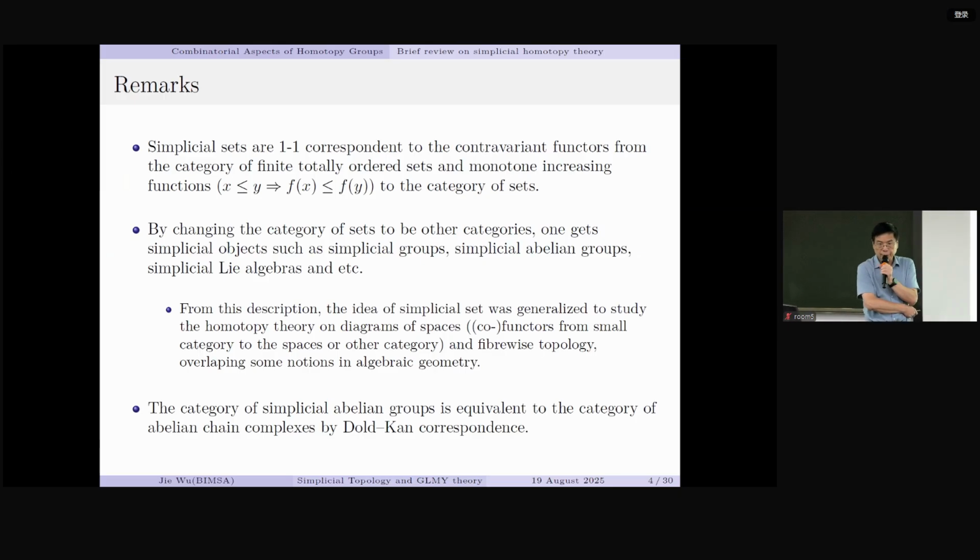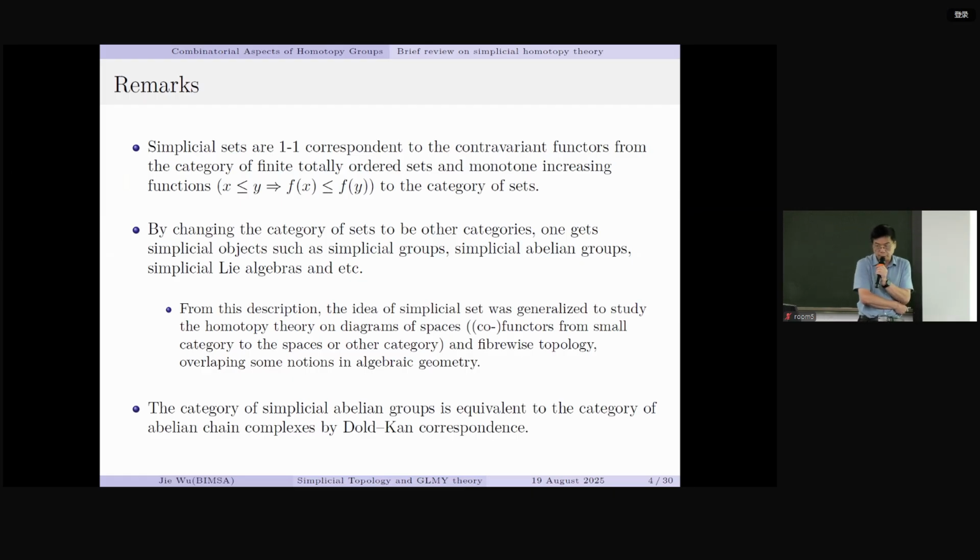Once you realize this, of course, you can change the category of sets to an arbitrary category. So you get simplicial objects in any category, for example simplicial groups, simplicial abelian groups, simplicial Lie algebras, whatever you can.